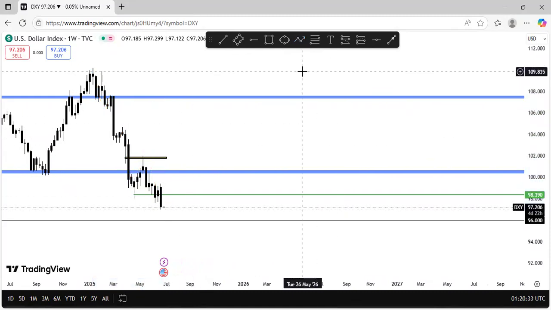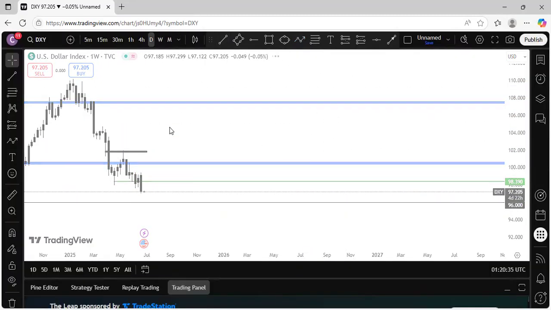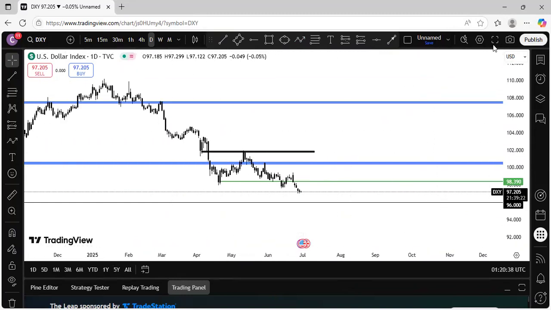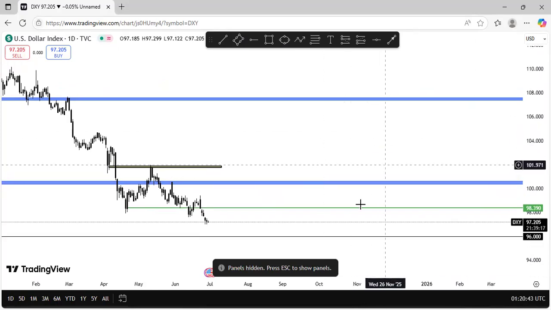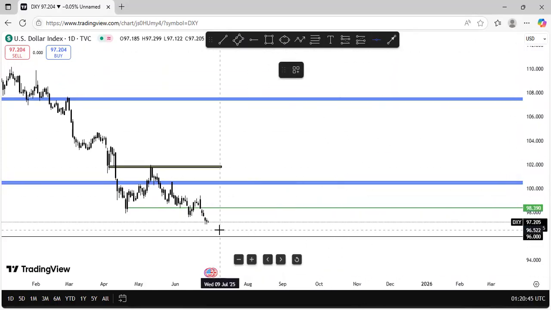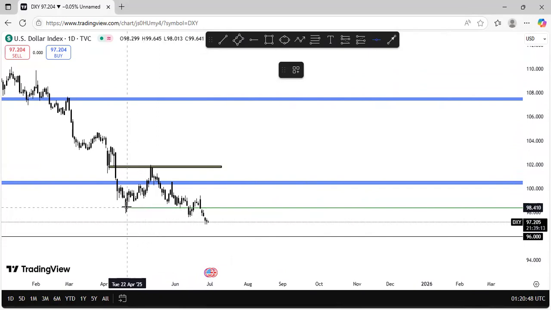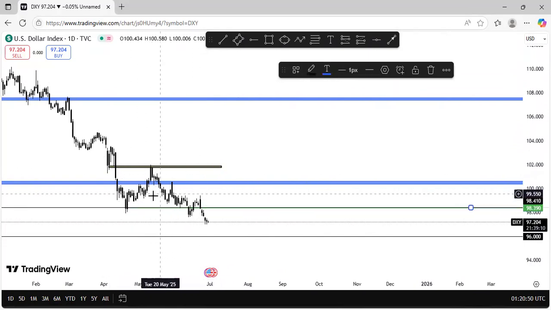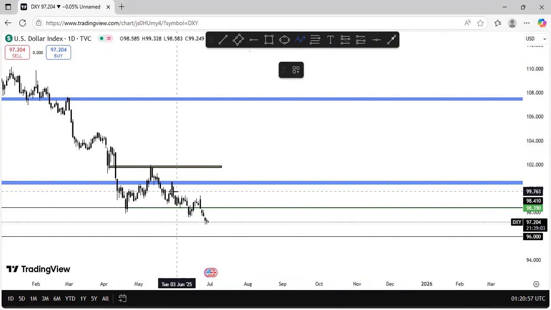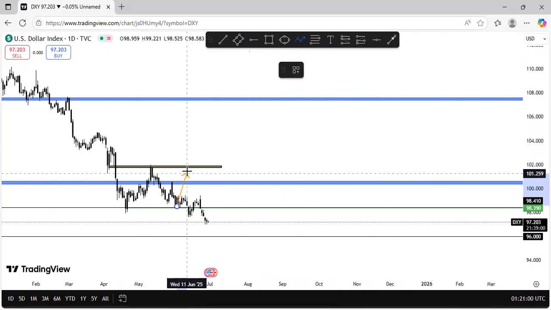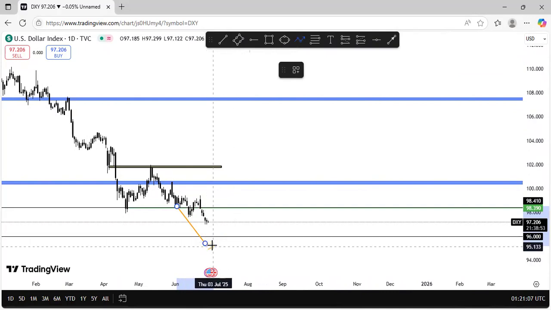So on my previous video, I'll go back to the daily time frame. On my previous video, that's last week, we did have price trading at this bar here. Price was stalling around here, and I said there are two things that are going to happen. Either price comes down here and shoots back up, or we see price stalling for a moment around here and then breaking down.